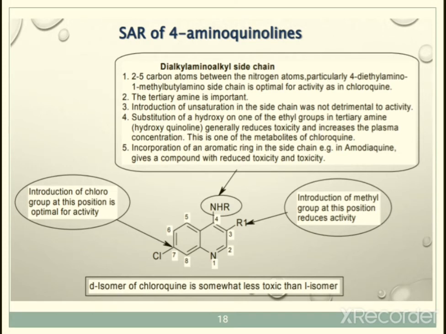Now further, the same SAR has been given in a different way. At NHR, at the 4th position you can see the structure.